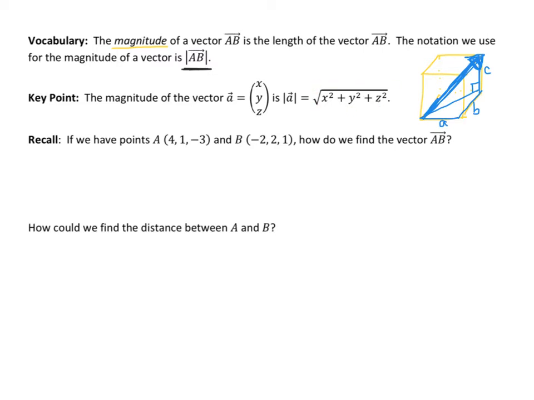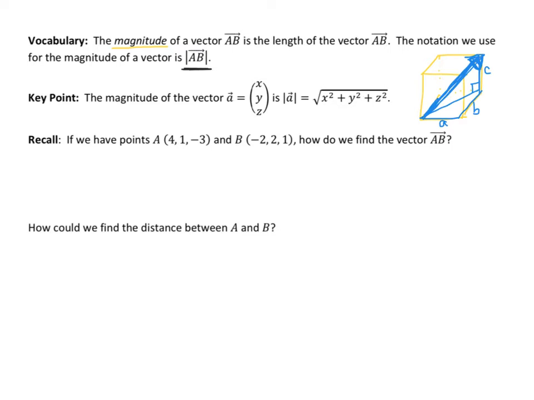Okay, so I want to do a little bit of an example here, but I also want to do a little bit of a review on things that we've learned before. So I'm starting with this recall question. If you have 2 points, A and B, how can you find the vector that goes between them? This is something I tried to make a big deal of in one of the earlier videos.